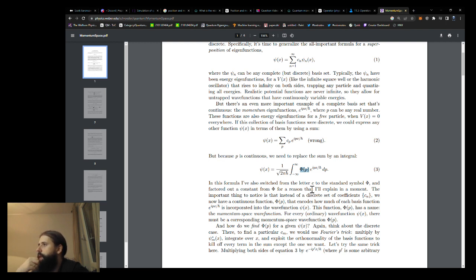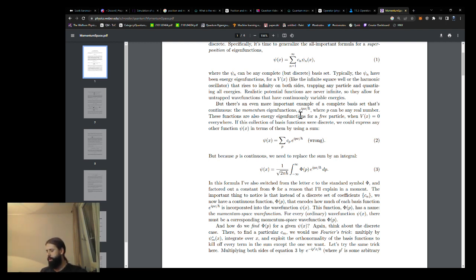What I don't get is why can you do that at all? Why can you say this collection is discrete? The momentum eigenfunctions are from the momentum operator.